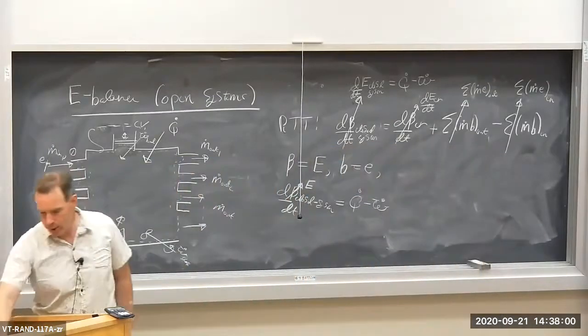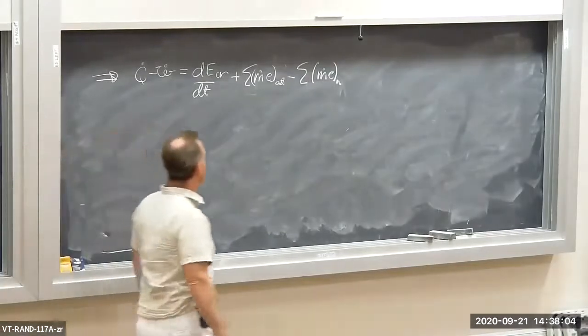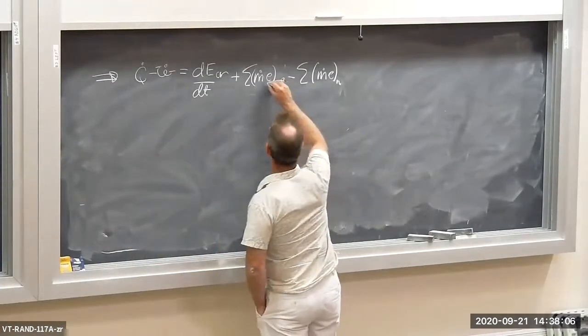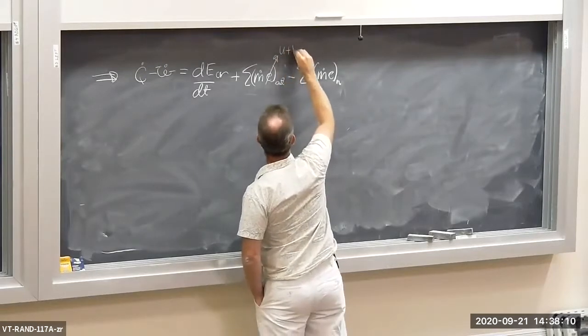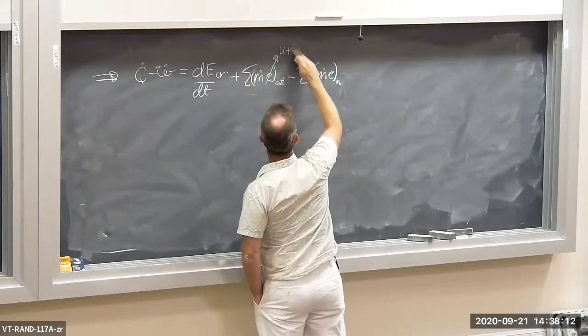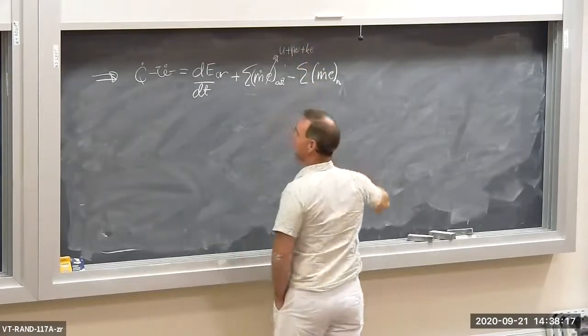Let's expand what these specific energies are. This little guy here is specific internal energy plus potential, lowercase pe, plus lowercase ke.